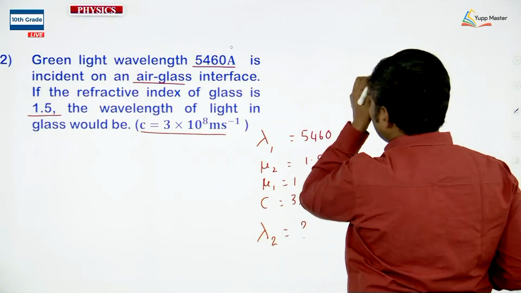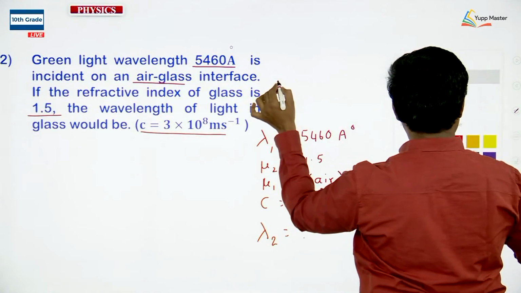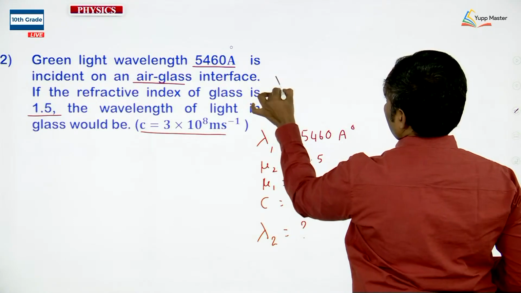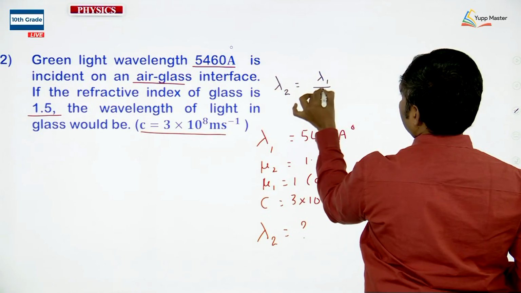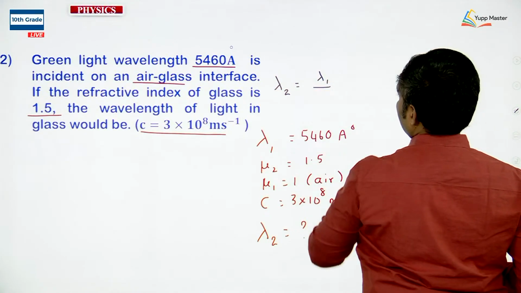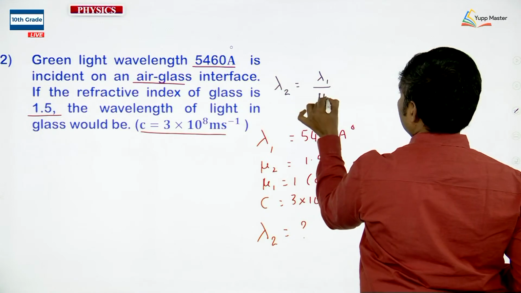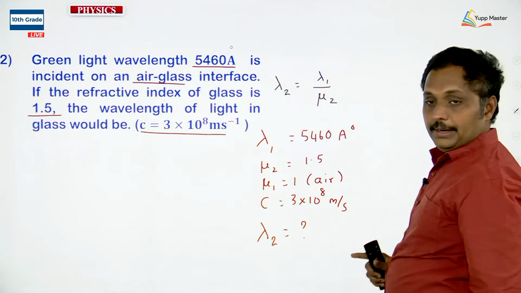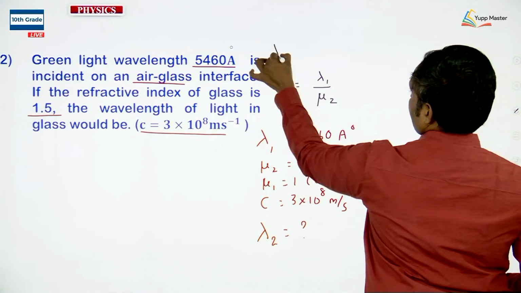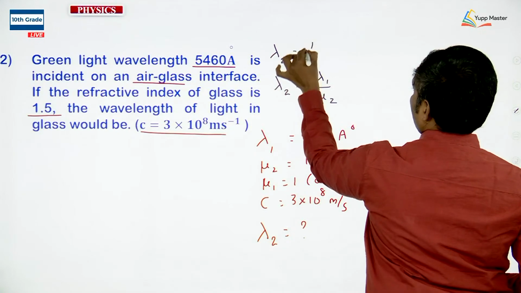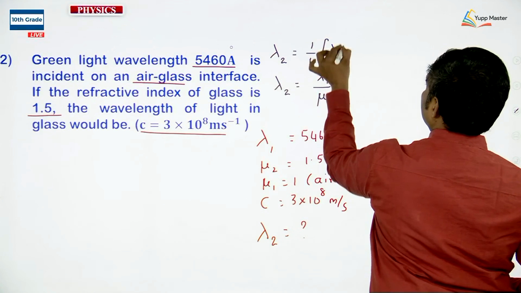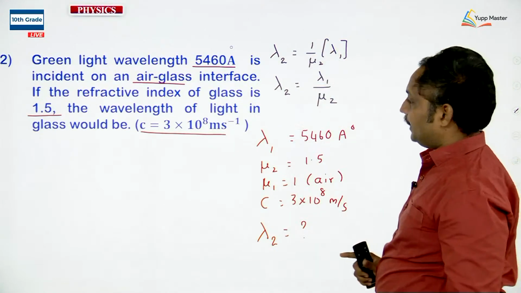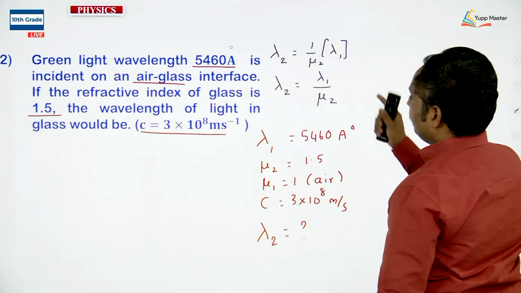You know that formula: lambda 2 is equal to lambda 1 by mu 2. Simply I can write lambda 2 is 1 by mu 2 times lambda 1. It's very clear. Now you can substitute.